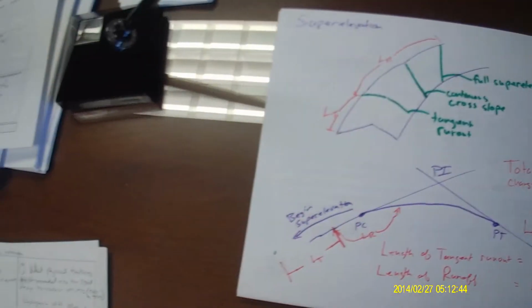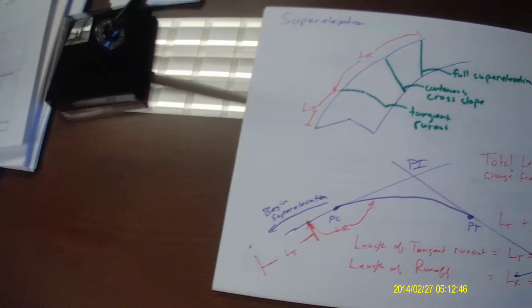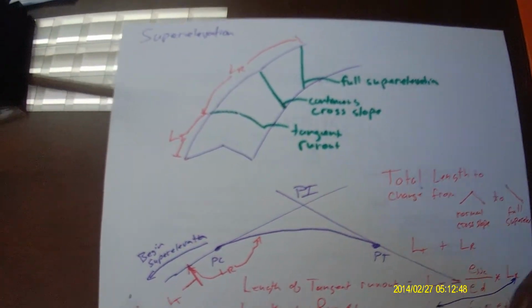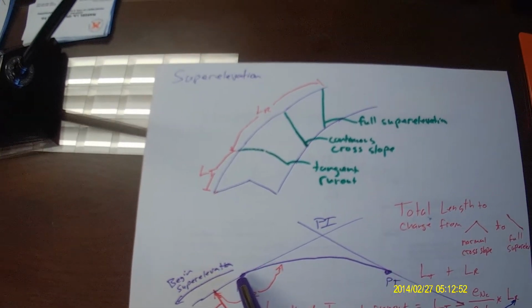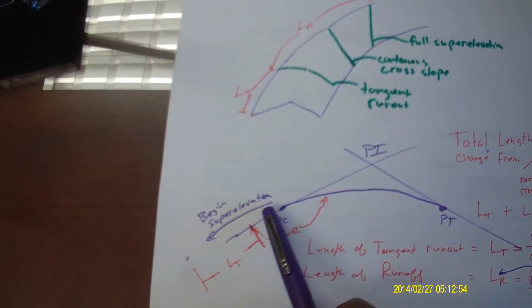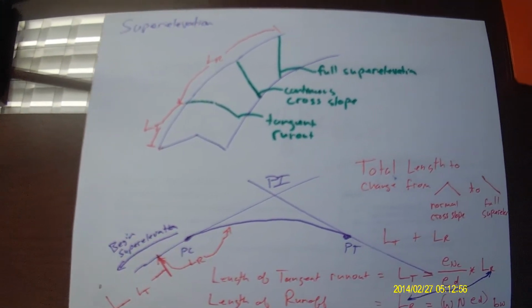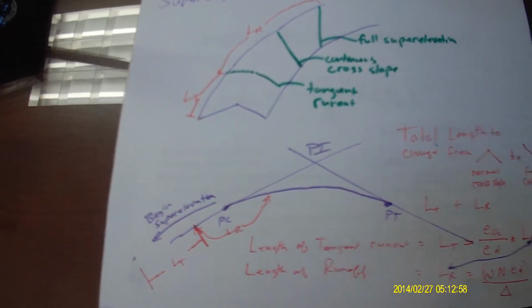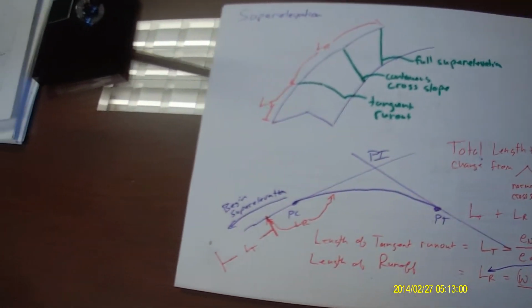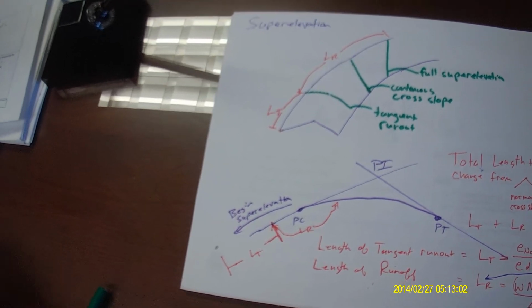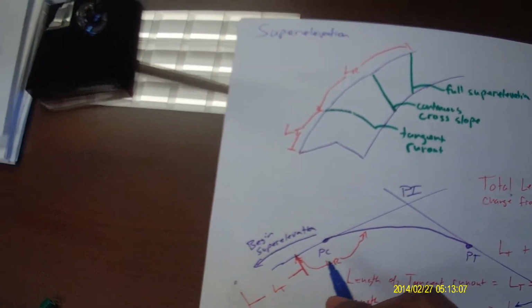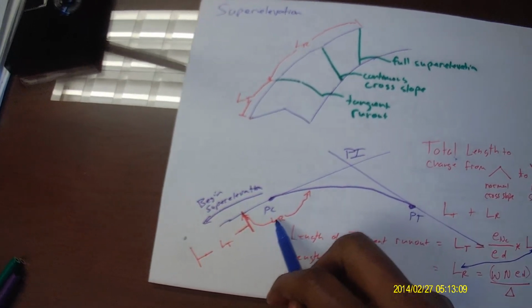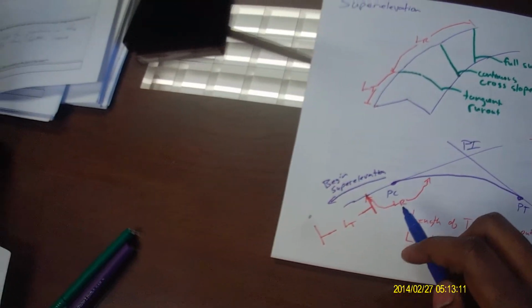So let me go right back to that point there, because I mentioned that we don't just automatically go from a normal cross slope straight into super elevation. We begin a distance away from where the curve starts. Okay, and so that distance really depends on how much this length of runoff is straddling PC.